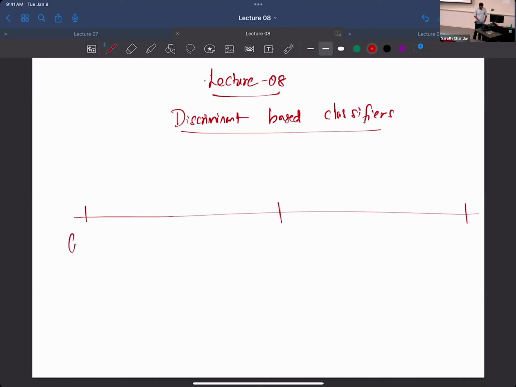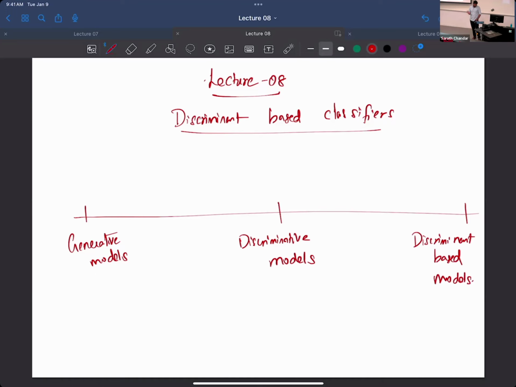Starting from generative models, then discriminative models, then discriminant based models. So, as a review, can someone tell me the difference between these three families of algorithms?